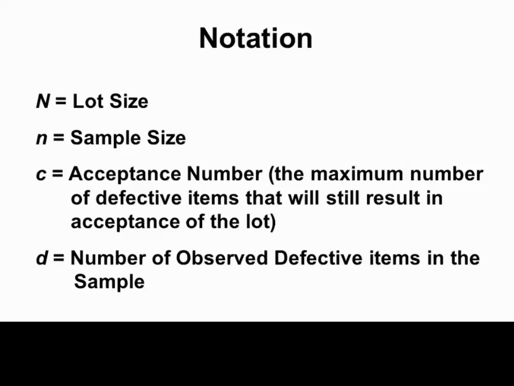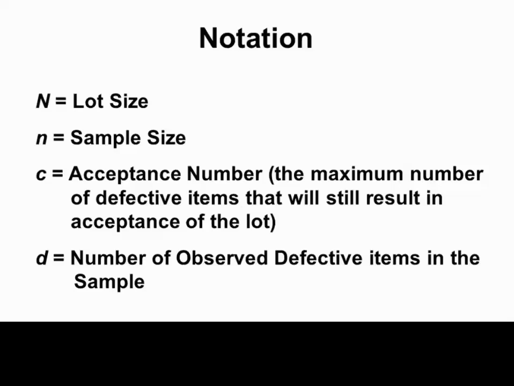Little n is going to be our sample size. So that's how many we're going to select from the lot in order to make a decision about acceptance or rejection of the lot. Now C is what's called the acceptance number. The acceptance number is the maximum number of defective items that you're allowed to find in the sample that would still result in you accepting the lot.